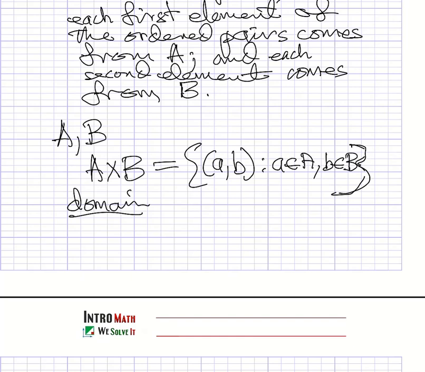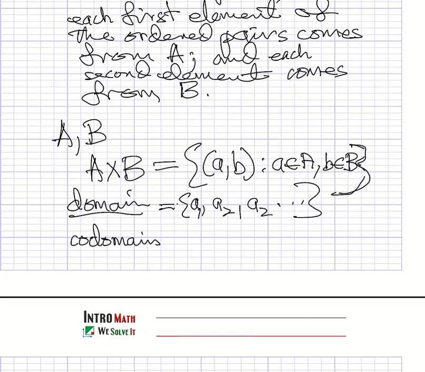And then if you form a set of all the second elements, that set is called, I want to use the word codomain. There's a word called range, but let's use codomain. So you take all the first elements, you form a set, and you get the domain: A1, A2, A3.